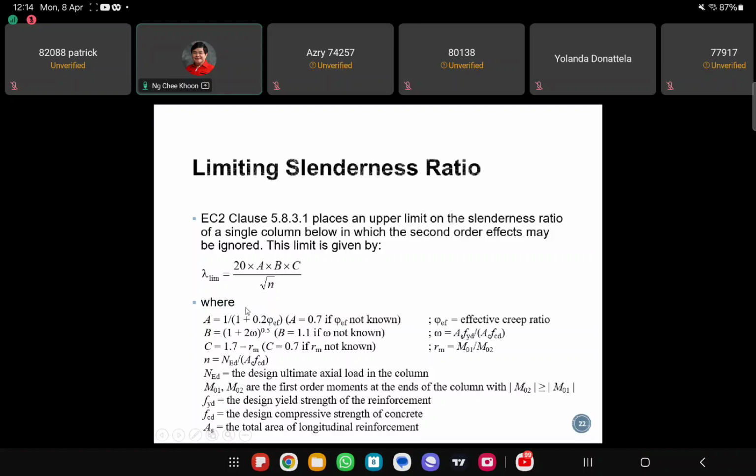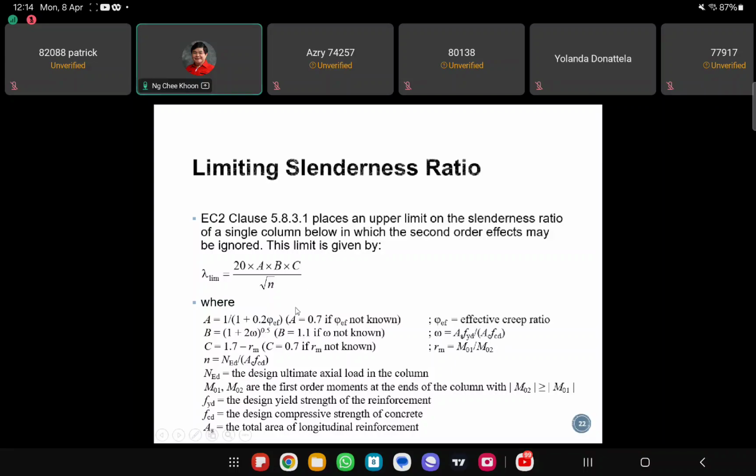And then factor B is dependent on the reinforcement, right? So you see that this is the area of the reinforcement, As, times the design yield stress of the steel, over the area of the concrete, the cross-sectional area of your column, times the design concrete strength, fcd.